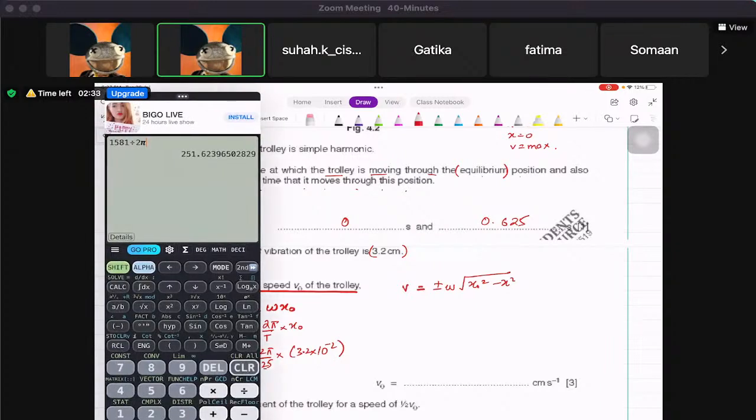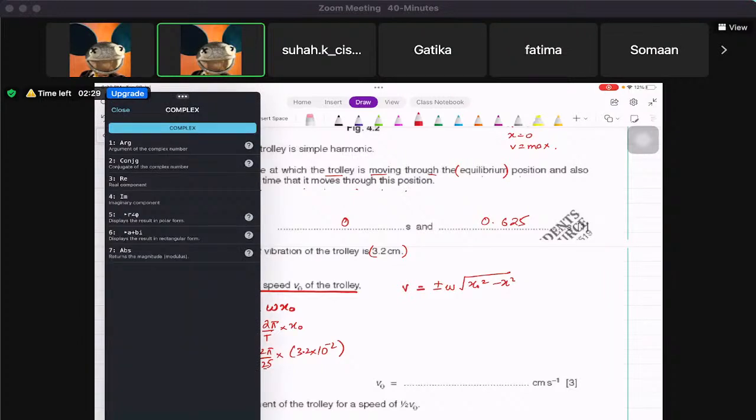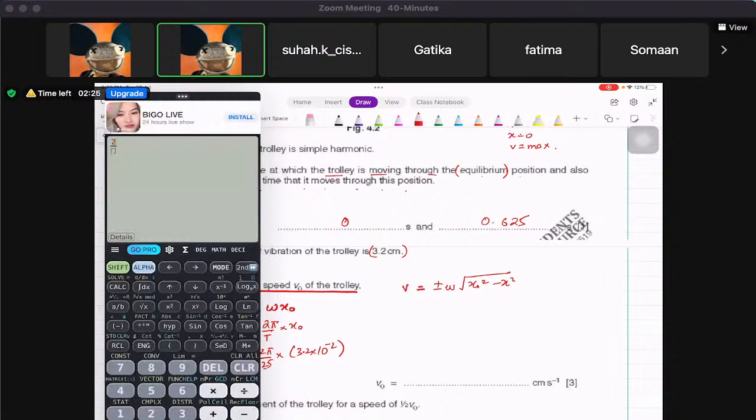So 2 pi, shift 2. Oh, by the way, if the meeting ends in 2 minutes, you guys need to rejoin. 1.25 times 3.2 times 10 raised to the power minus 2.